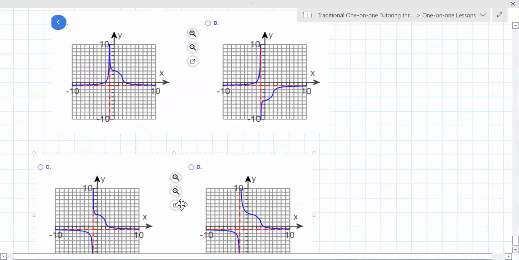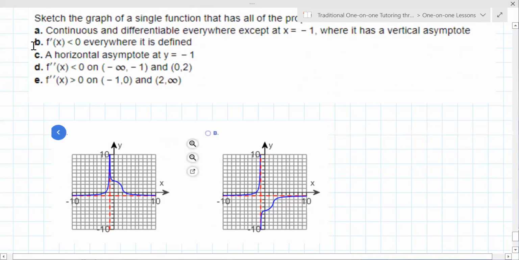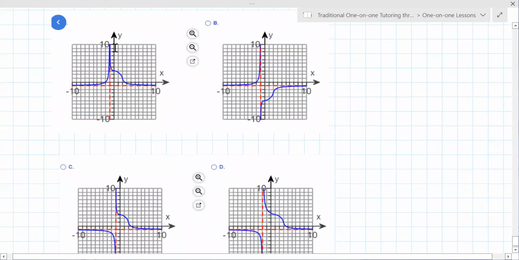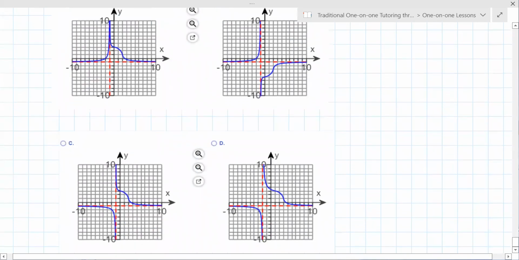We'll go through them one by one and figure out which one we can eliminate. Letter A says continuous and differentiable everywhere except x equals -1, where it has a vertical asymptote. When we look at these 4 graphs, there's a vertical asymptote at -1, -1, -1, and then at -2. So that one's out.